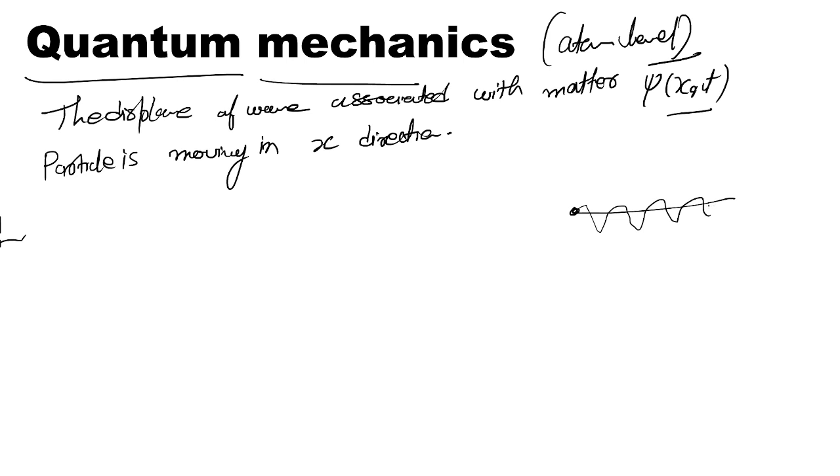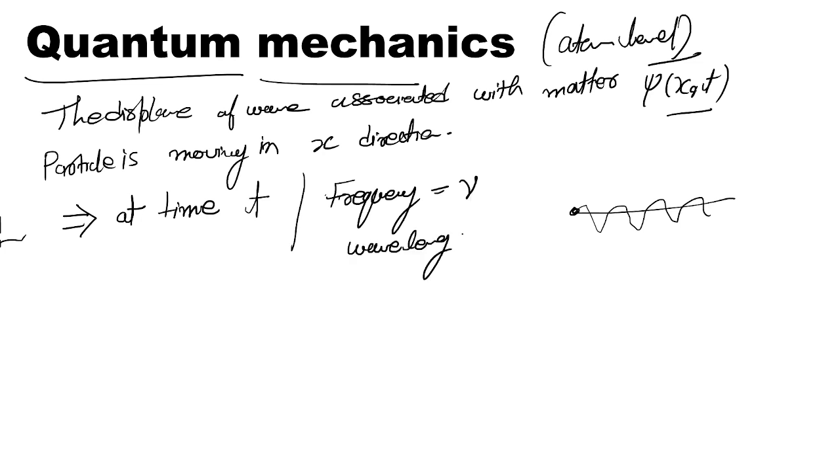So at a particular time t, let the frequency of the wave associated with that particle be nu, and the wavelength be lambda. These are the parameters that we already know.